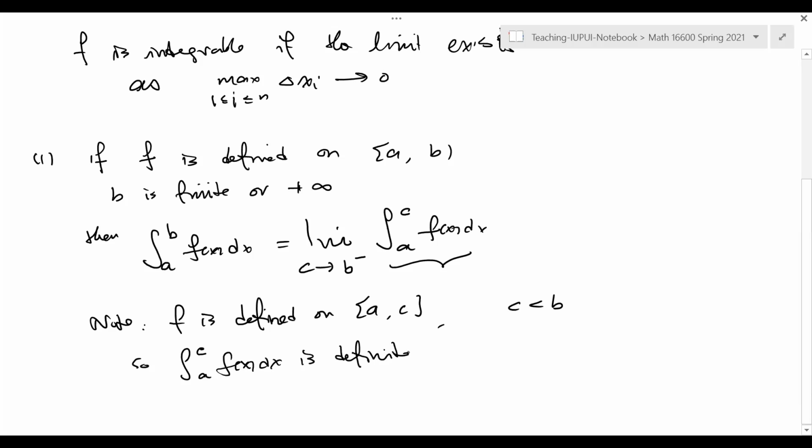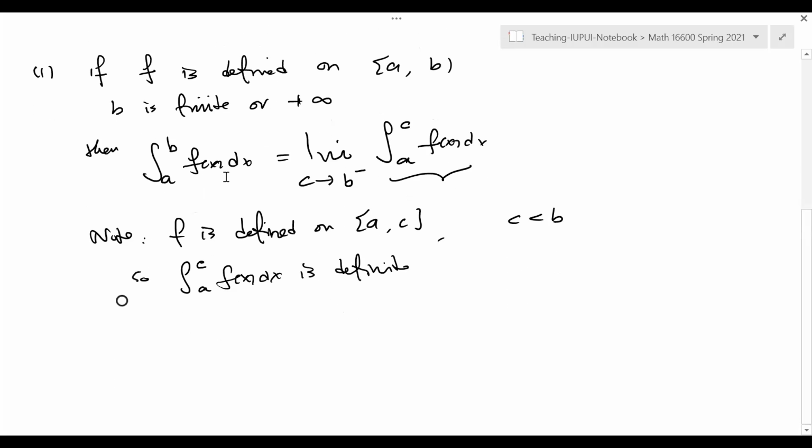Maybe it's infinite, but you know how to define it using the Riemann sums. And then the limit could be taken at the left endpoint.